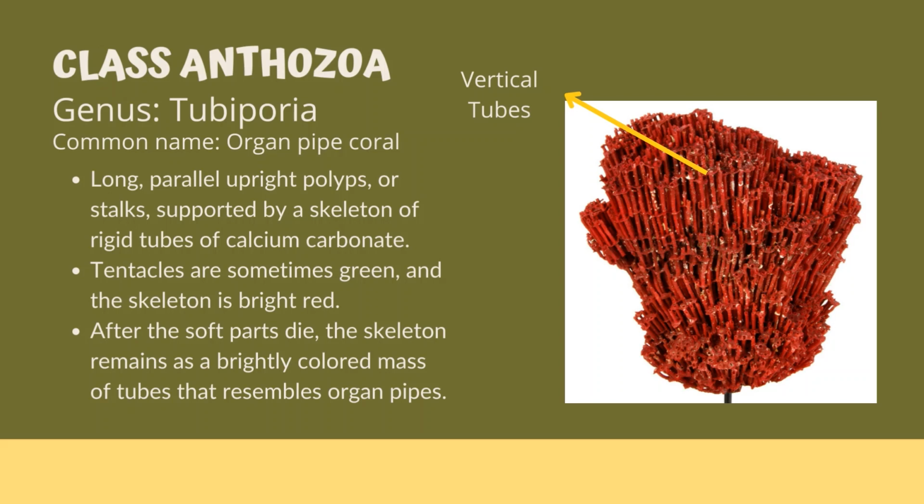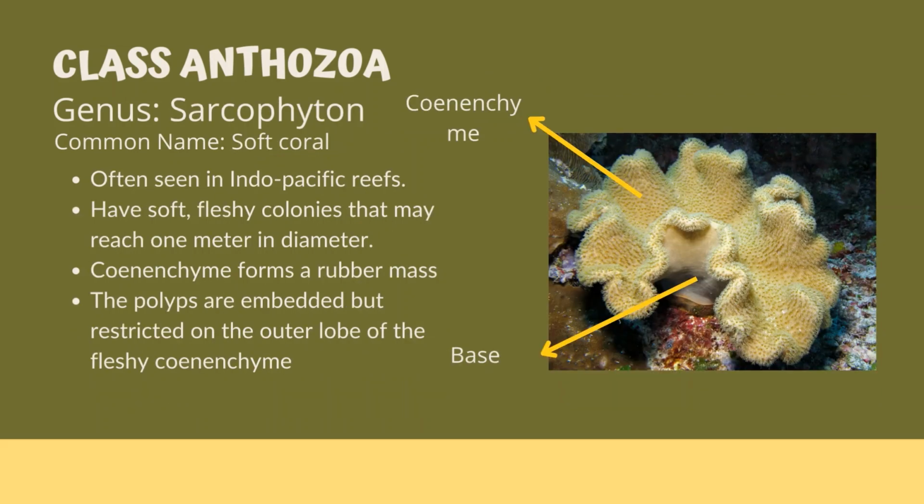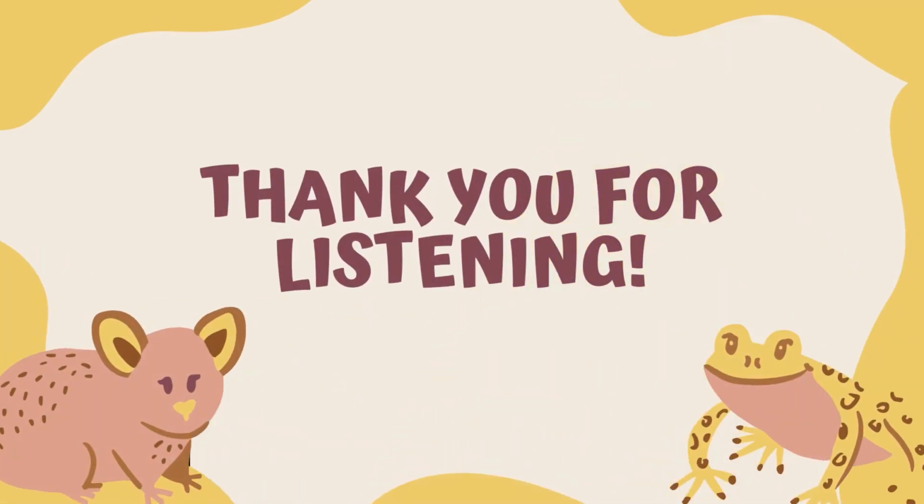The tentacles of the polyps are sometimes green and the skeleton is bright red or crimson. After the soft parts die, the skeleton remains as a brightly colored mass of tubes that resemble organ pipes, hence the common name. So that's all for the presentation.